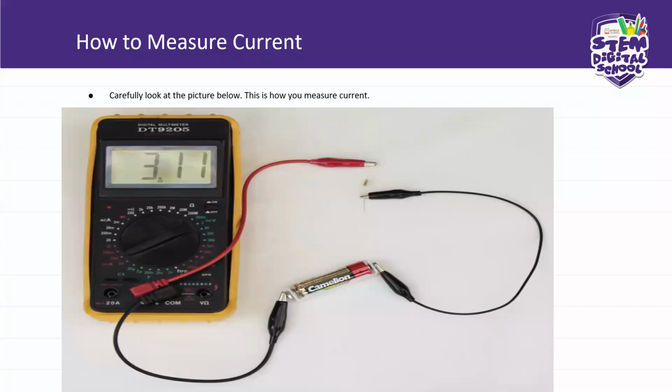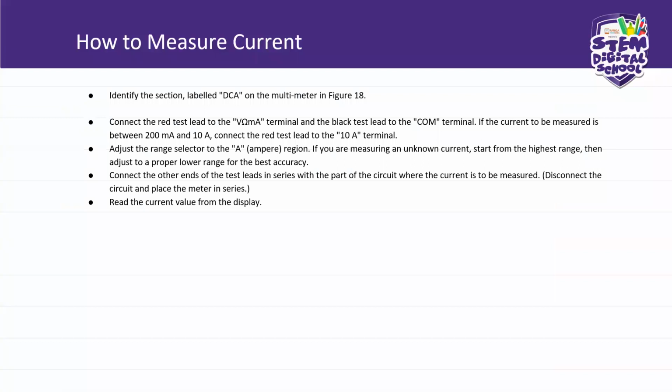Because we are measuring current of a cell or a battery. If we are measuring current, perhaps of the mains, of the plugs, that is a different current. It's called alternating current. So DC means direct current. It's the current of the battery. So that's what you will select here.